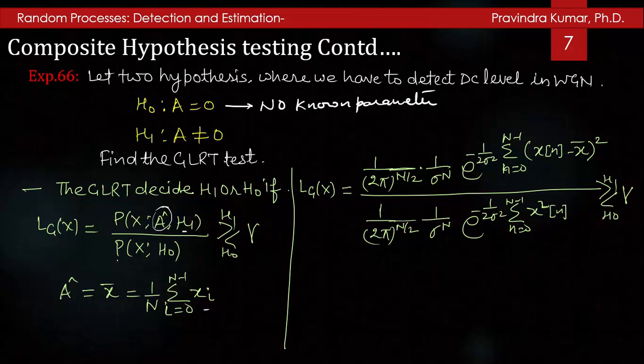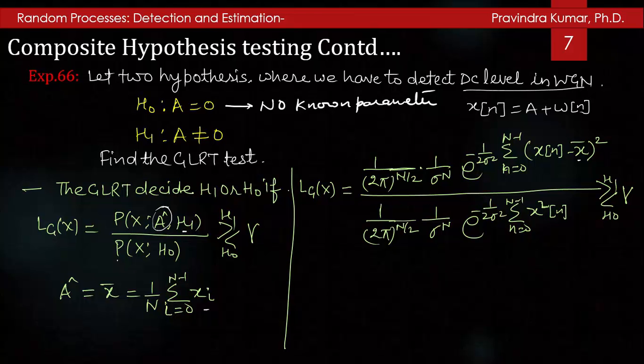So you can find the GLRT ratio. It will be 1 by (2 pi) to the power n by 2 into 1 by sigma to the power n, e to the power minus 1 by 2 sigma square summation n = 0 to n minus 1 (xn minus x bar, the sample mean) whole square, divided by 1 by (2 pi) to the power n by 2 into 1 by sigma to the power n, e to the power minus 1 by 2 sigma square summation n = 0 to n minus 1 x square n, and this will be greater than or less than the threshold value gamma.